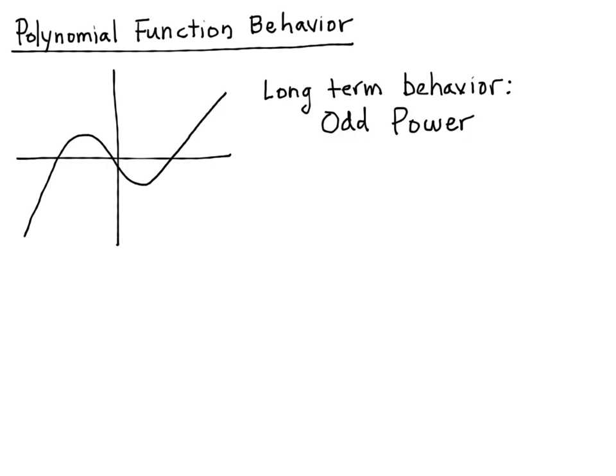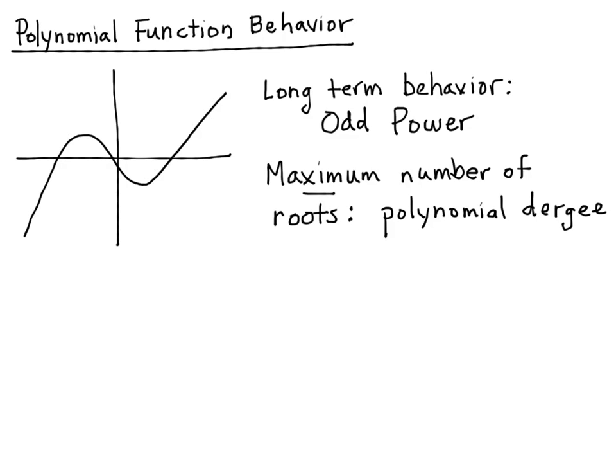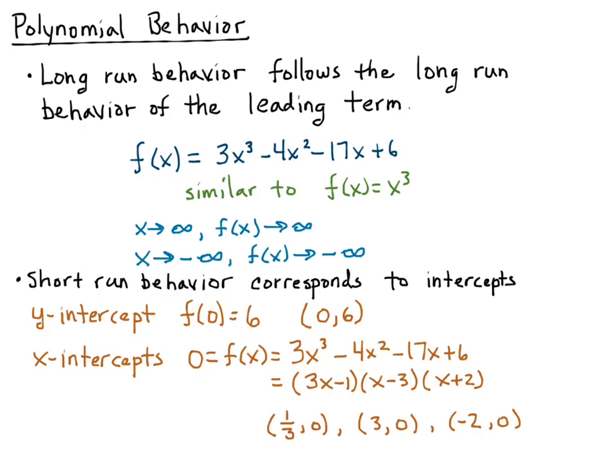And so the long-term behavior of an odd power, remember it behaves like the leading term. So if we have that third-degree polynomial, we're going to expect that the long-run behavior is as x goes to negative infinity, f of x goes down to negative infinity.